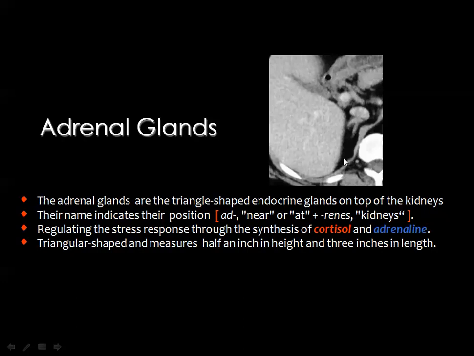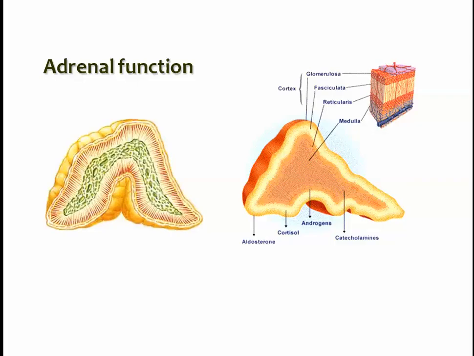And that's why in thin persons and children, you cannot usually appreciate the adrenal gland because of the paucity of the retroperitoneal fat. This is the normal appearance of the adrenal gland, as I said, an inverted Y configuration.